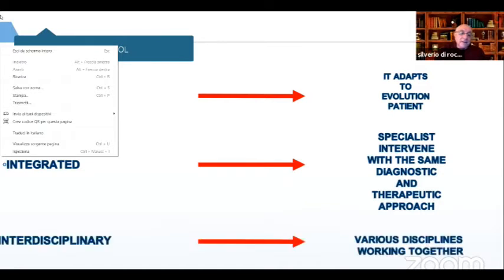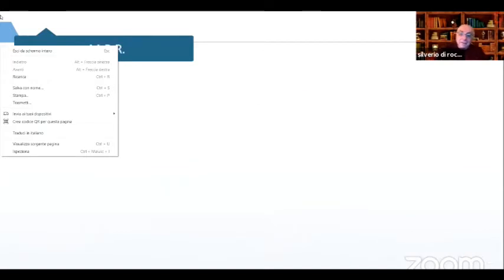And it's interdisciplinary because various disciplines work together. All medical sciences work together. And the M.P.R. is the tool of this protocol. The myofunctional postural rehabilitation is the tool of this protocol.